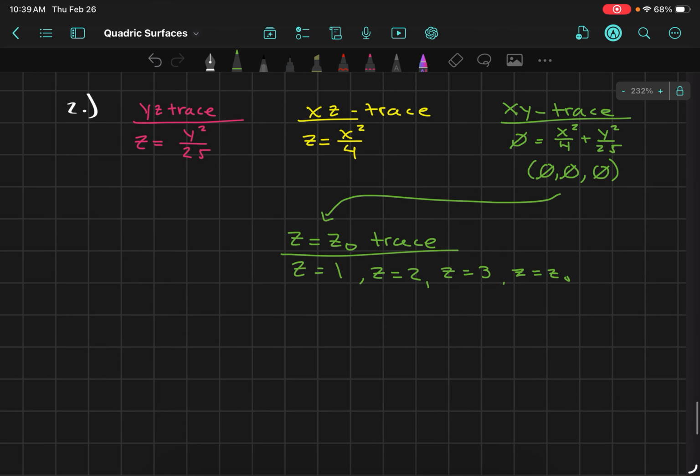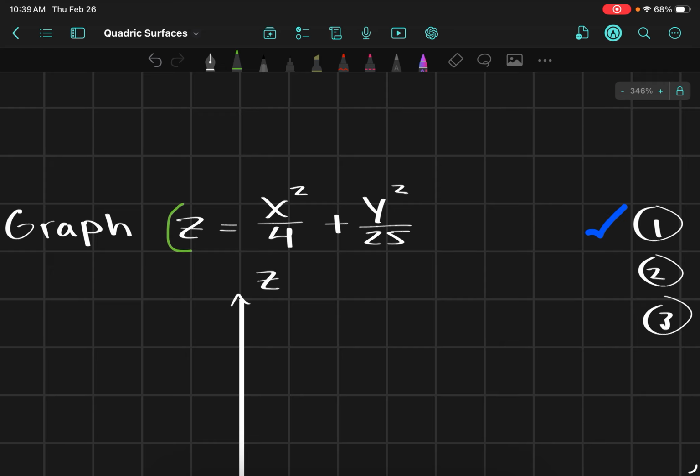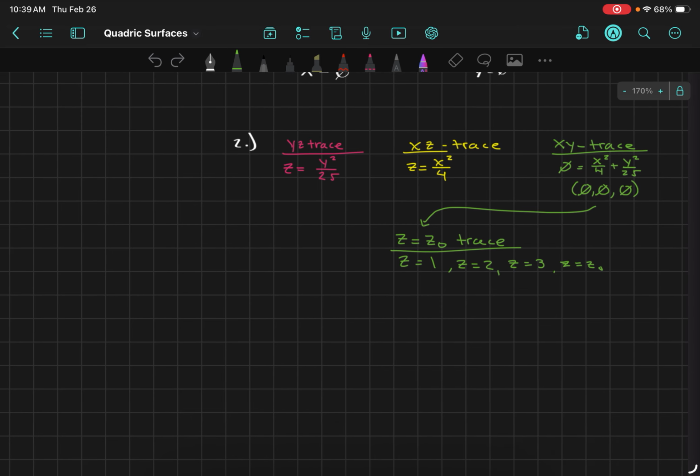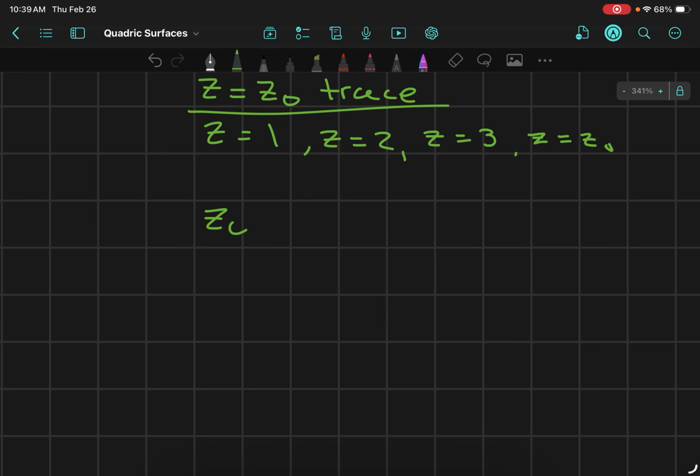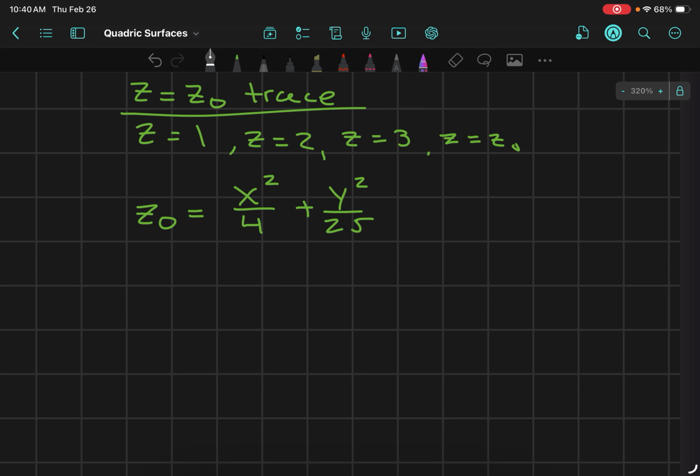Our z equals z naught trace is now going to be setting this right here in our equation equal to a number, some constant. So we now have z naught is equal to x squared over 4 plus y squared over 25. And I just want to make it clear now that you may recognize what this shape looks an awful lot like.